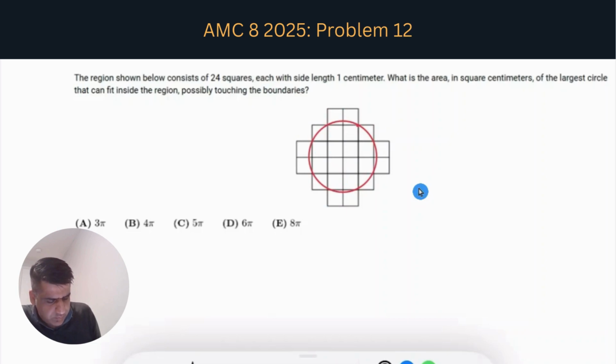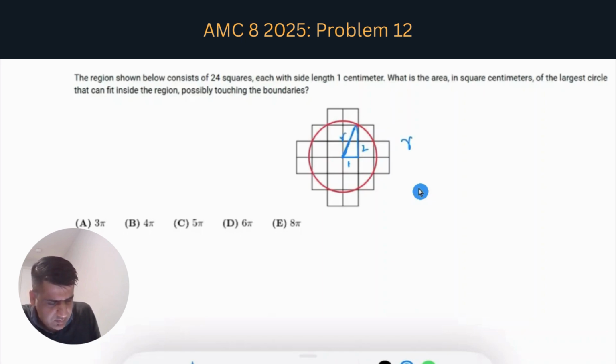Now we have to find the radius of the circle so we can get the area. So for that, we can draw a triangle, and then we can see that this is 1, this is 2, and the hypotenuse of this triangle is the radius.